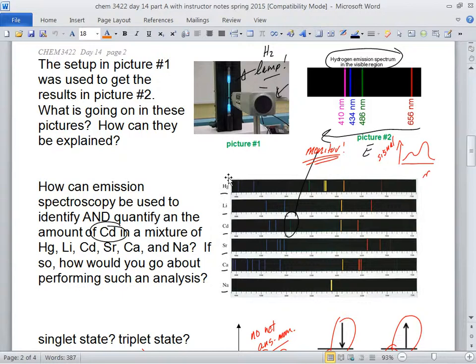So this works great, really, for atoms, which is kind of good because atoms don't work so great on the GC. How much iron's in Granny's water? Well, you're not going to use the GC to figure that out, but you will use the AA, because you can use iron's absorption spectrum or its emission spectrum. It's the same.